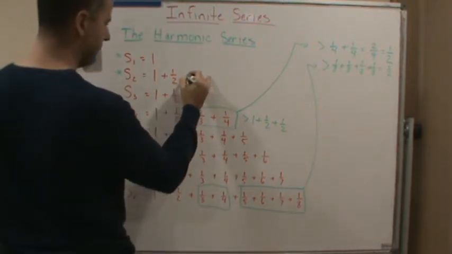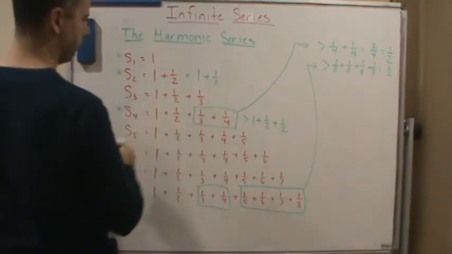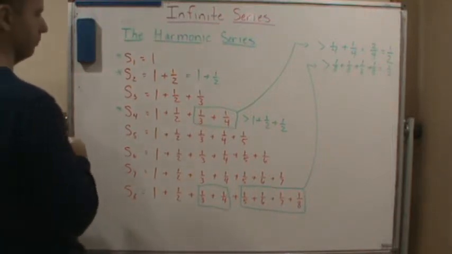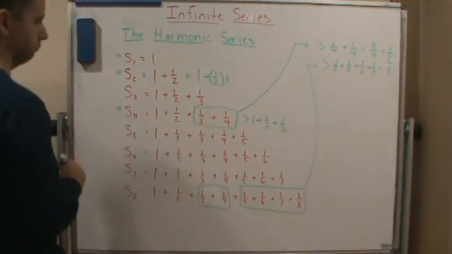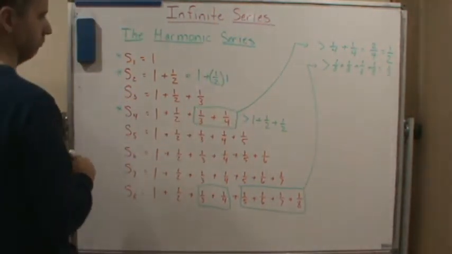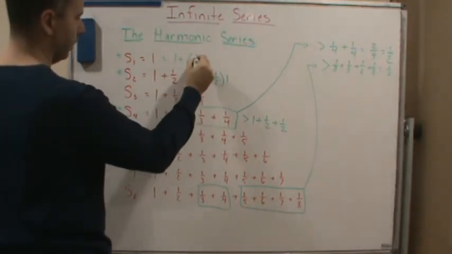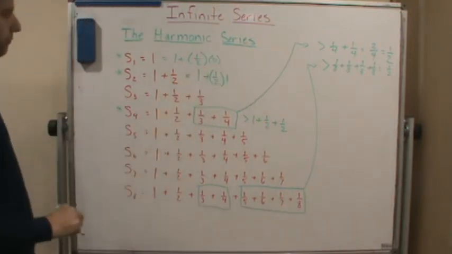This here equals 1 plus a half times 1. This one could be equal to 1 plus 1/2 times 0.